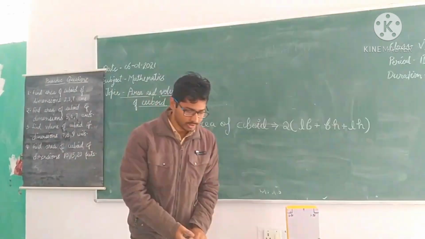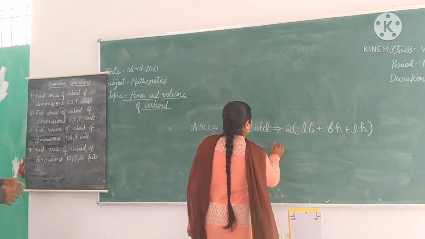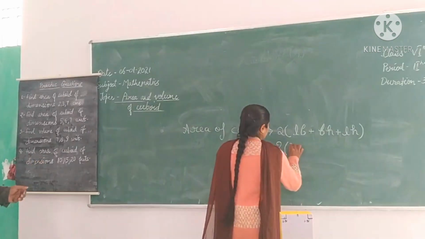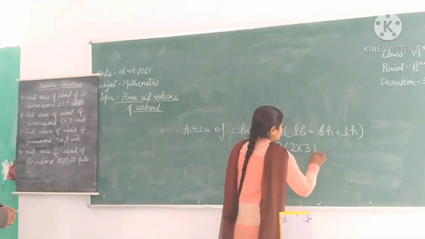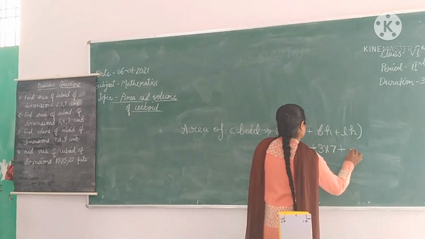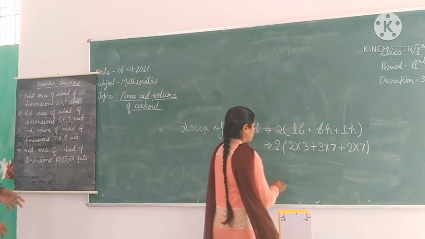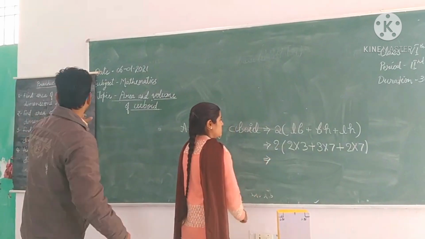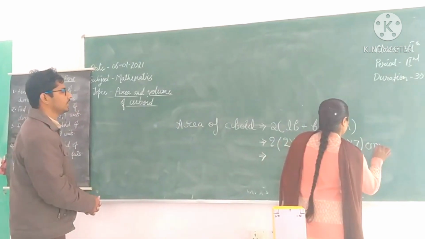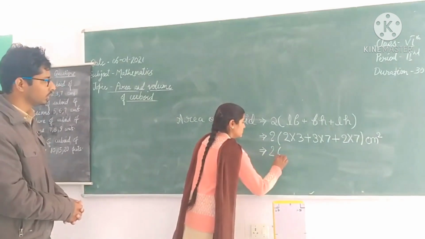Now come here, and put the values which are given in the question. Stop here. It is written that the unit of this dimension is centimeters. So you have to write centimeter square. Area is also in 2 dimensions, so square unit.